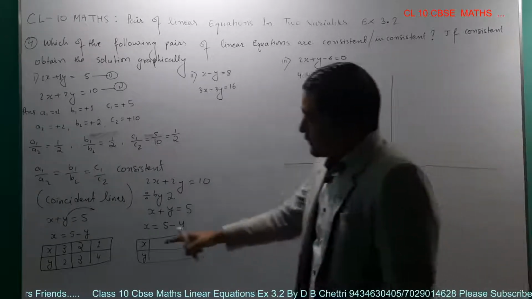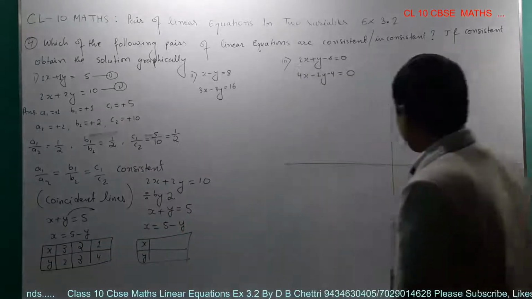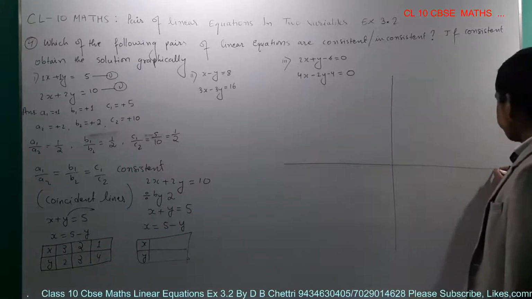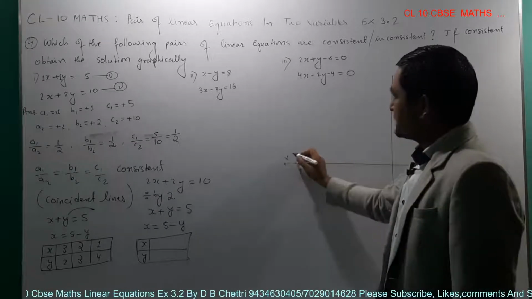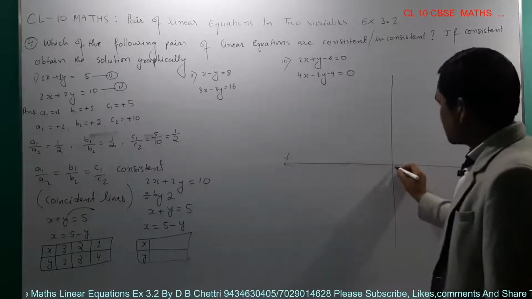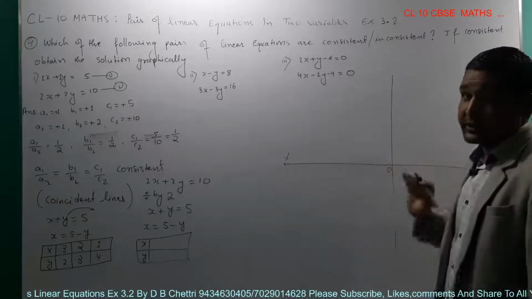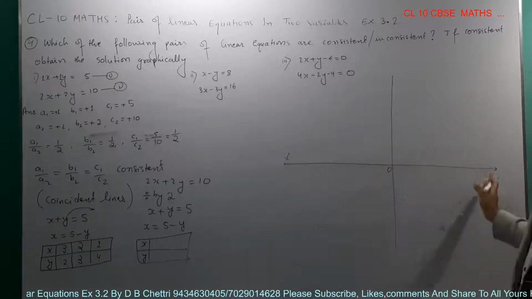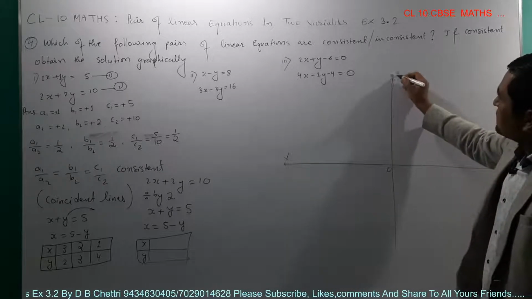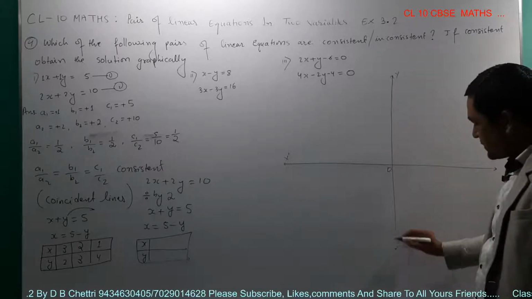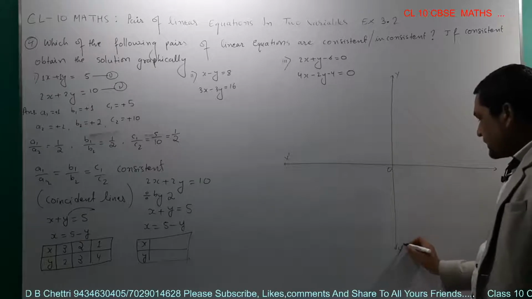Then our highest point is up to 3. This is the x-axis. From 0 to the left is the negative x-axis and 0 to the right is positive. Then 0 upward is the positive y-axis and 0 downward is the negative y-axis, y dash.